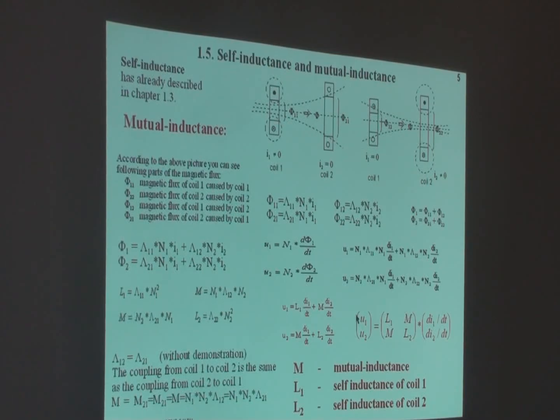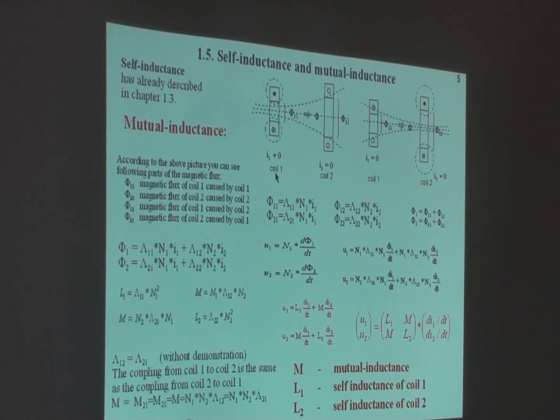If you calculate, you have so many reactances in the EAF. We just talked about self-reactance, but if you see here, we can say here the current is 0. We have two coils. This current is 0, and here we have current. Then we have a magnetic flux of coil 1, and this magnetic flux passes coil 2.